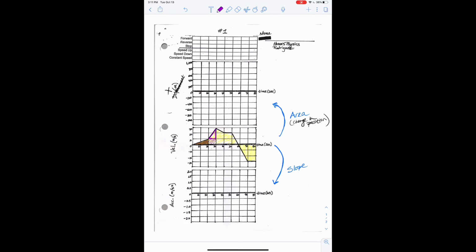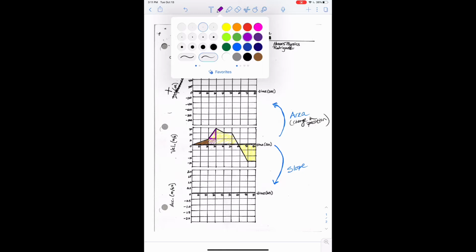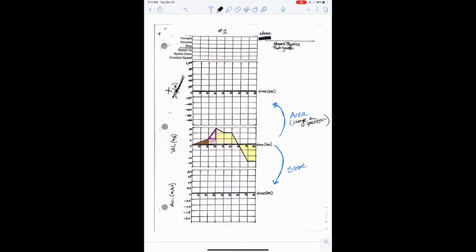A good question is, why didn't I take a longer rectangle? For instance, let me see if I can draw this maybe in black here. Why didn't I take this rectangle right here, going across the bottom?